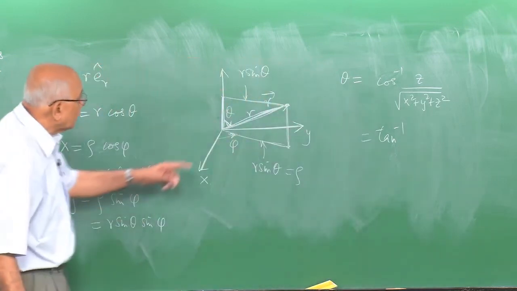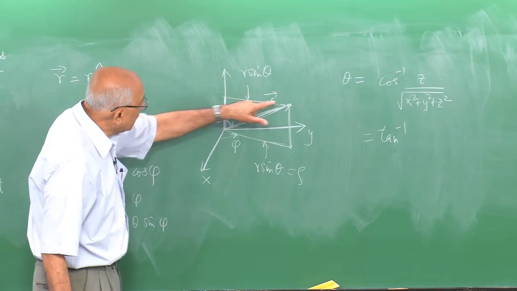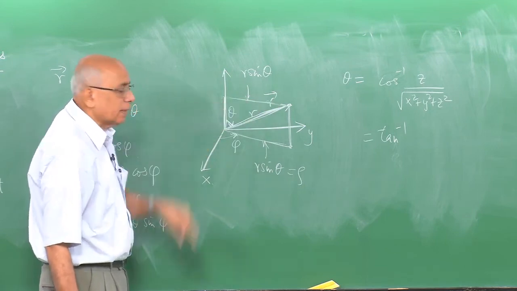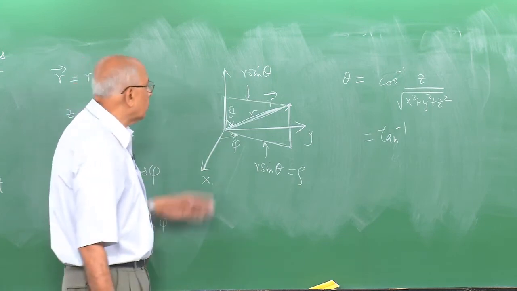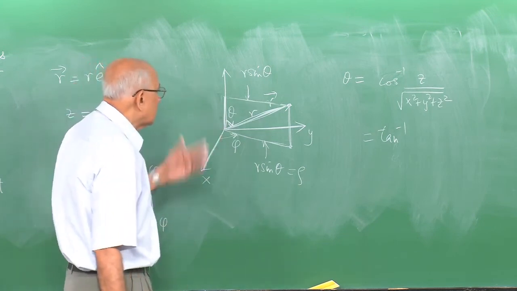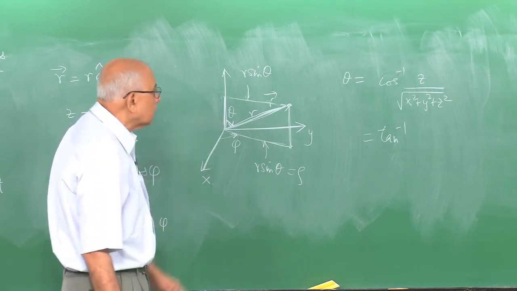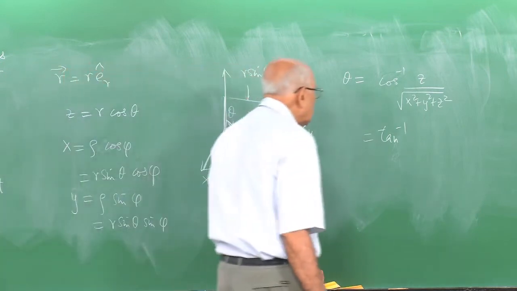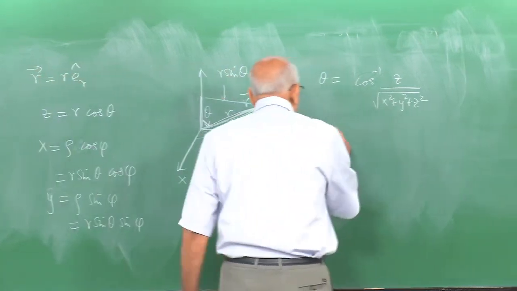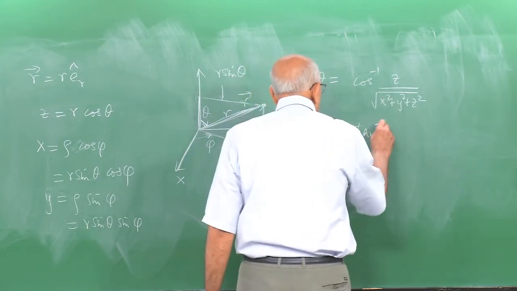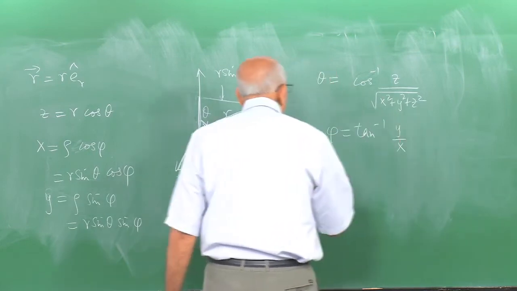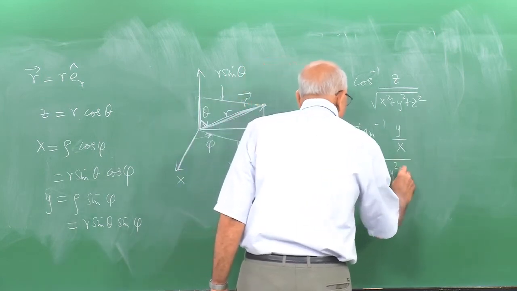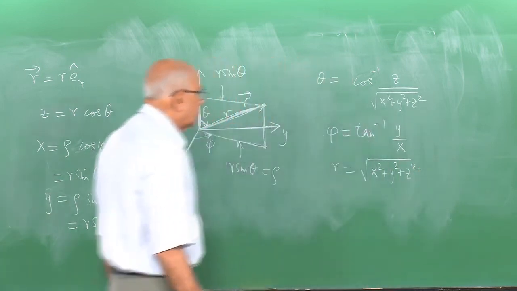From this relation you can see that the tangent of theta is this vertical divided by this horizontal, so it's rho divided by z, where rho is r sine theta. You can write this in a number of ways, it doesn't matter, I leave it to you to do that. Phi on the other hand, as before, is tan inverse y over x, and of course r is equal to the square root of x squared plus y squared plus z squared.